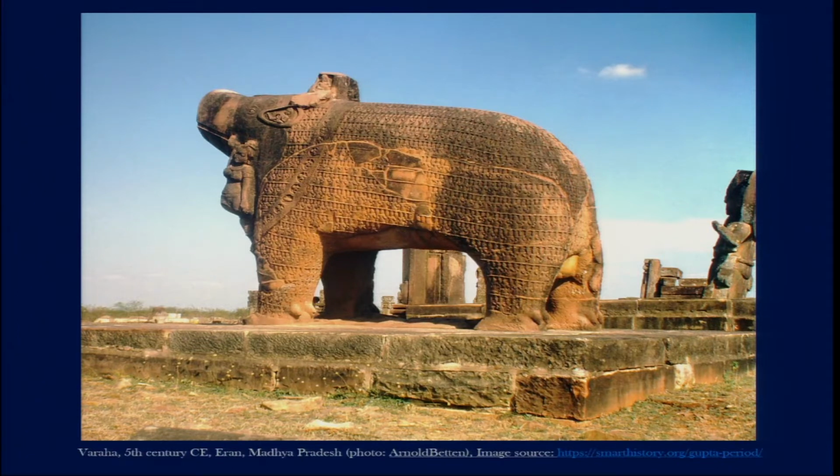And so here, this is also during the same time period, around the 5th century, and it should technically come under the Gupta dynasty if we are thinking about the time frame, and also the region, because it is not that far from Sarnath or from Mathura. So, it is in Madhya Pradesh in Eran.